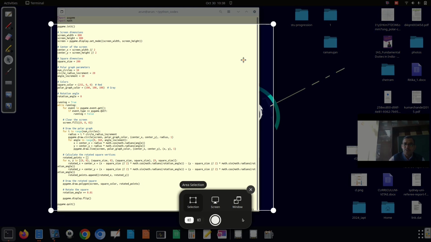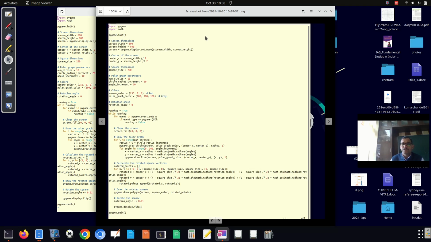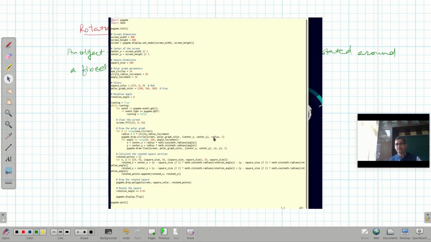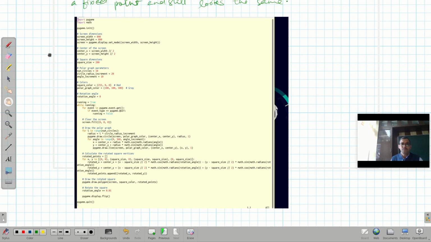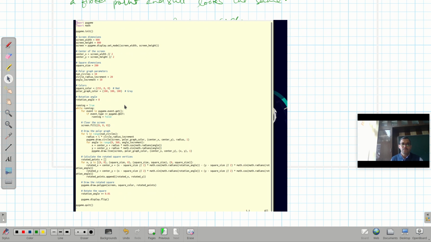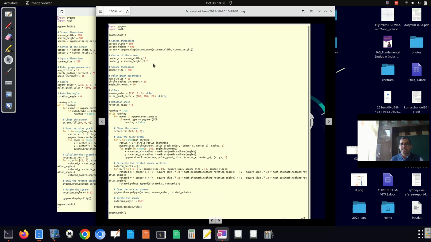It's a small code. This is a very small code, and when I run it, it looks like this.